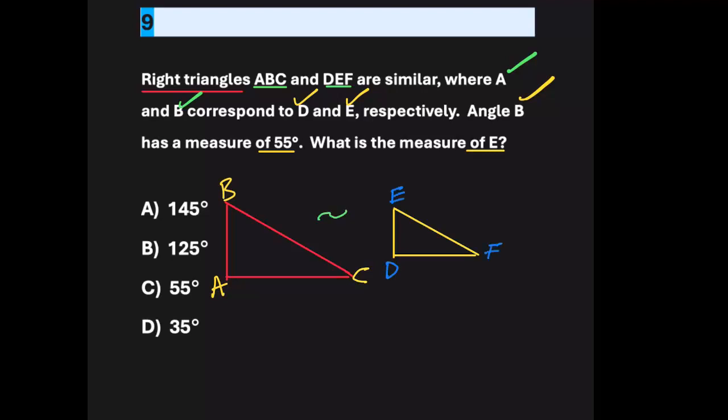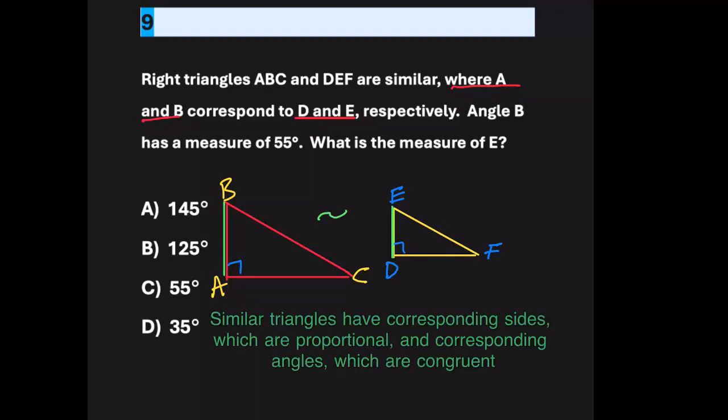The 2 triangles are right triangles, and the statement says A and B correspond to D and E. So here's A and B corresponding to D and E. When you have similar triangles, the triangles might not be the same size, but the corresponding angles are congruent, which means the corresponding angles are the same.